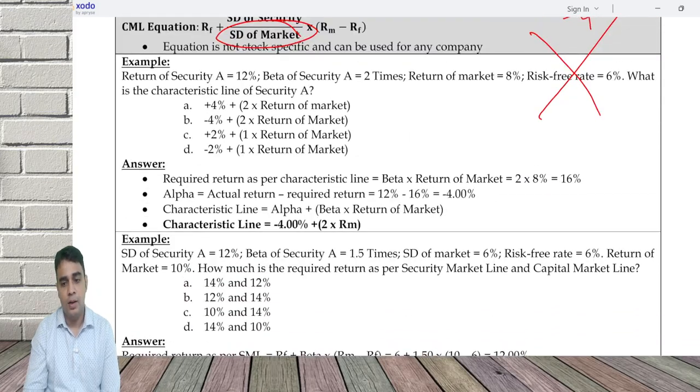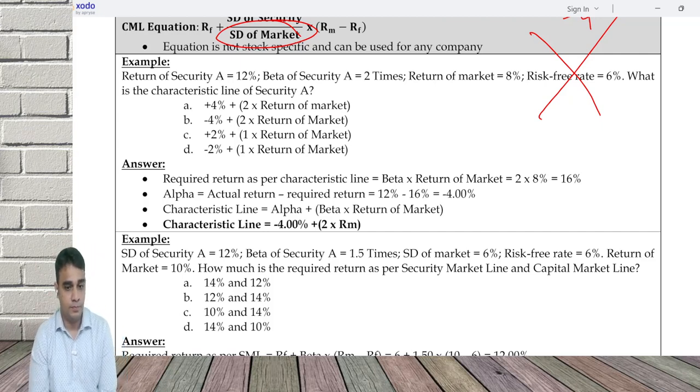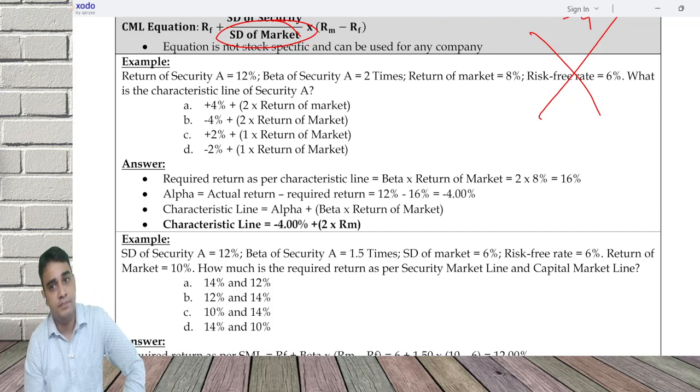Next, SD of security A 12%, beta of security A 1.5 times, SD of market 6%, risk-free rate, return of market. Can you tell me what is the required return as per SML, as per CML? Which is CAPM? SML.